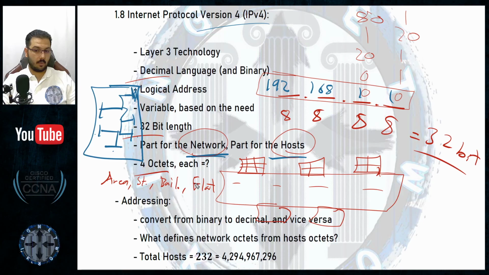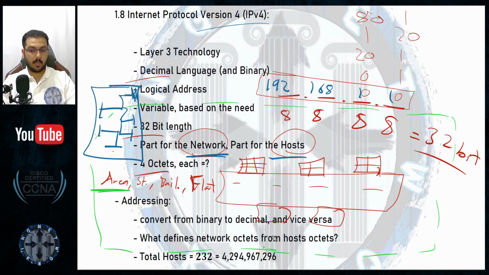Okay, so now let's talk about these. Let me ask you some questions, like the area. This entire area, how many houses or apartments are there? Yours only or others as well? I'm sure most or all of you will say there are multiple buildings, houses, apartments, condos, whatever, in that same area.